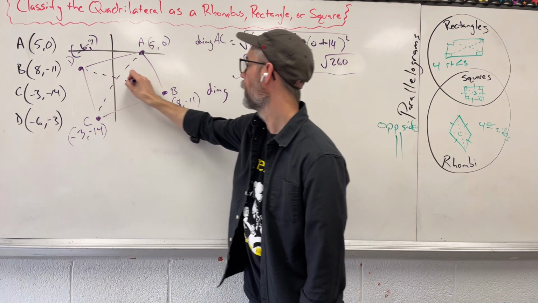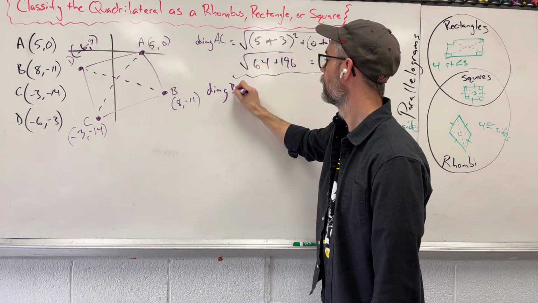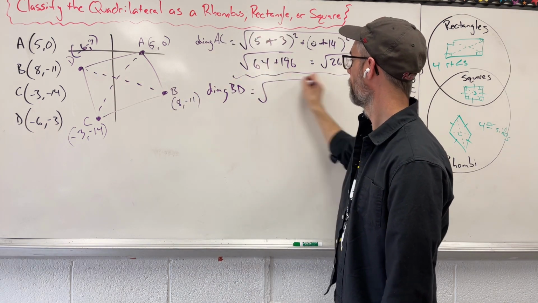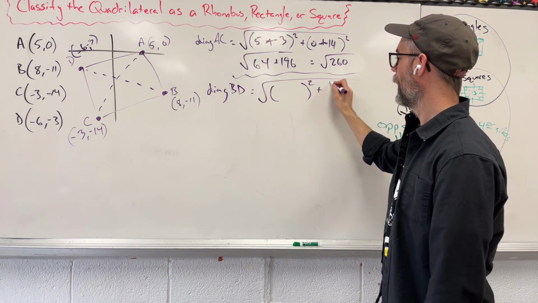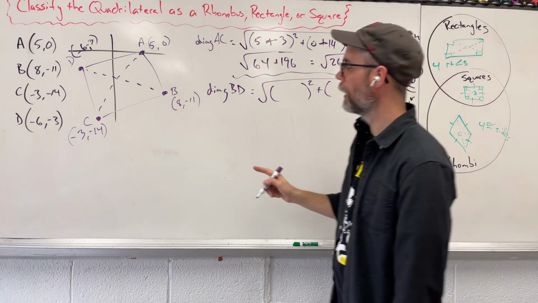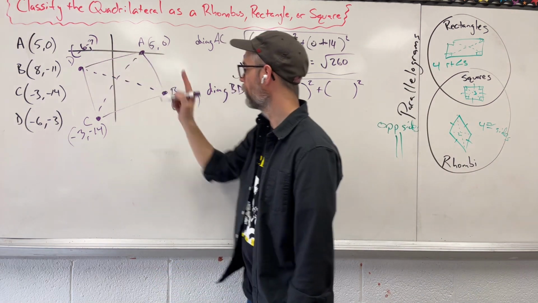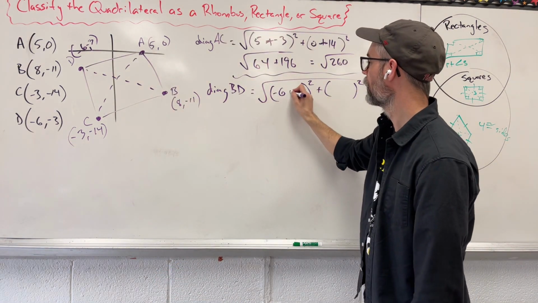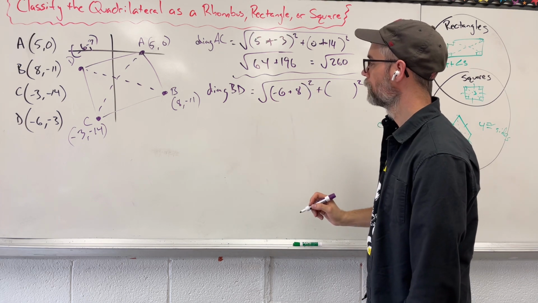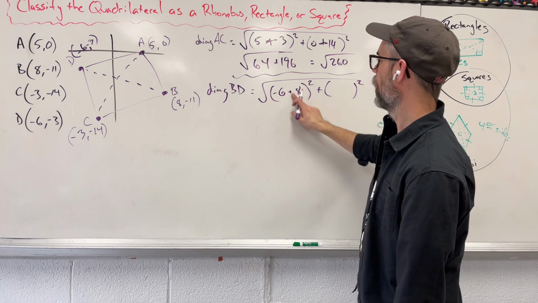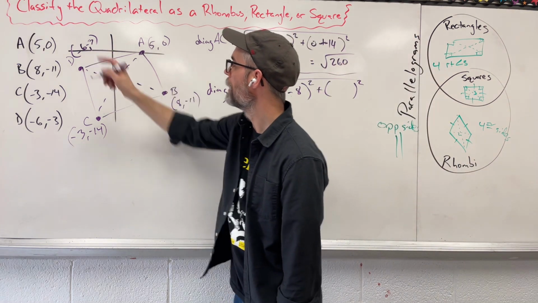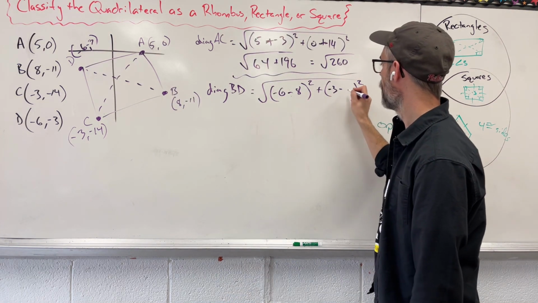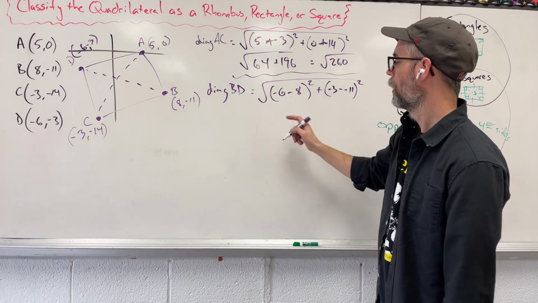Okay, let's do this for our other diagonal. This time we're talking about BD. Take our x's, square them, add them to our y's squared. Negative 6 minus 8. Our y's: negative 3 minus negative 11.